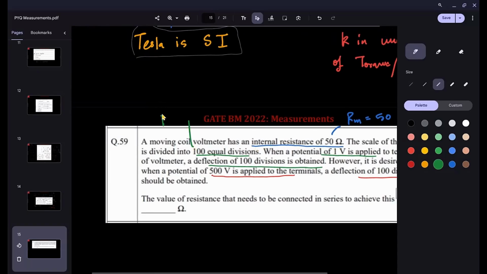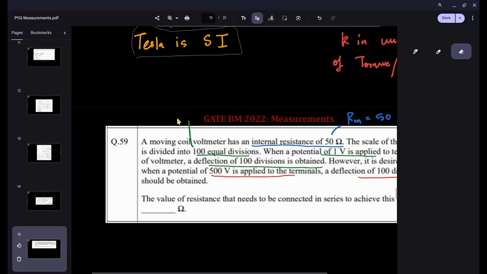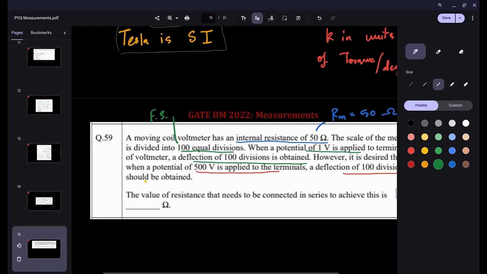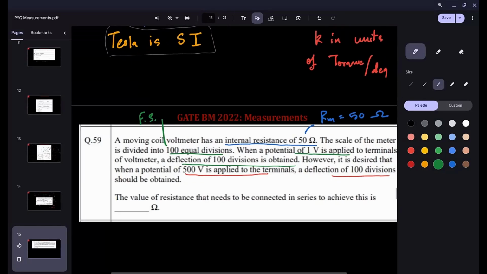Very good. Someone else, can you decode it? So this is full scale. Do we know the full scale current? We need to know IFS to find, let's say, the shunt or something like that.